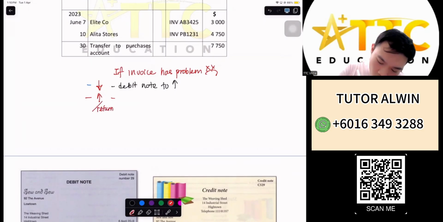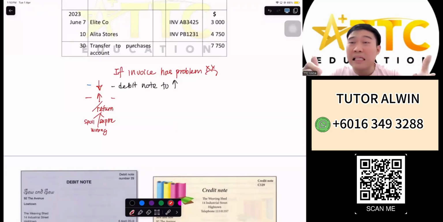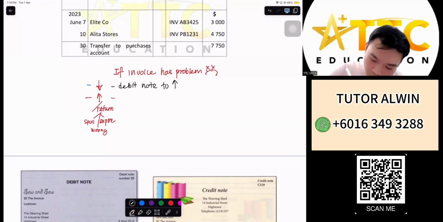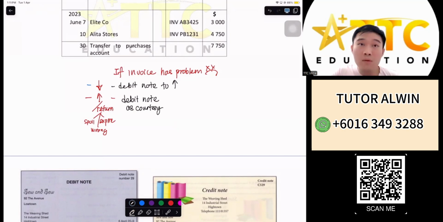Why do you want to return? Spoiled, expired, wrong sizes, wrong color, wrong brand. So you want to return it. First, you're going to use a debit note as a courtesy, sent to the supplier to request for a reduction.